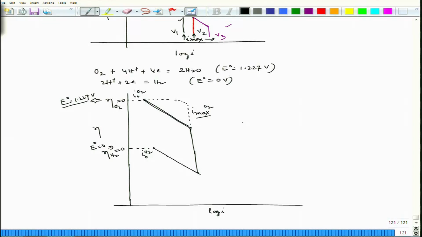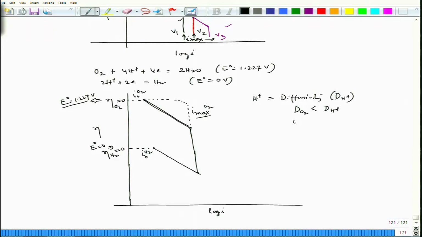And if I consider H plus ion diffusivity, DH plus, and DO2, then DO2 is actually less than DH plus.